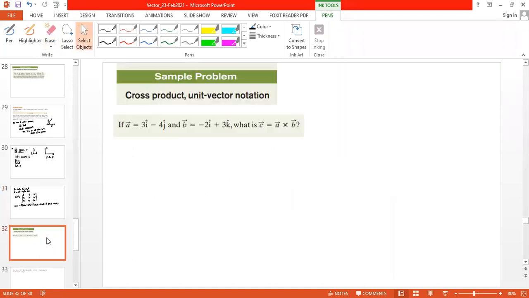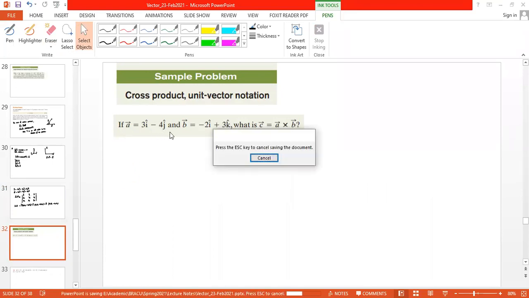Okay, so the math is like this. Same again, we have two vectors, a equal to 3i minus 4j, and the other vector is minus 2i plus 3k. And what is the vector c that is equal to a cross b?